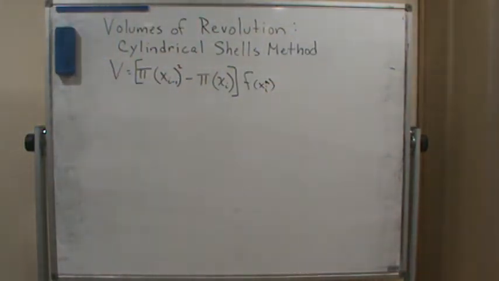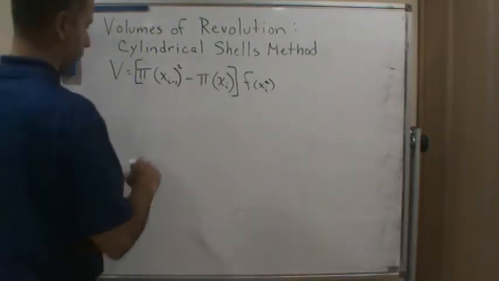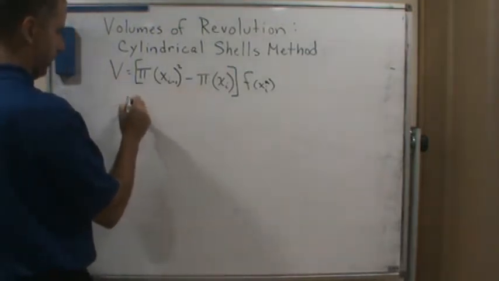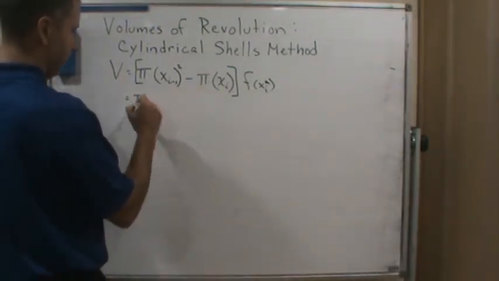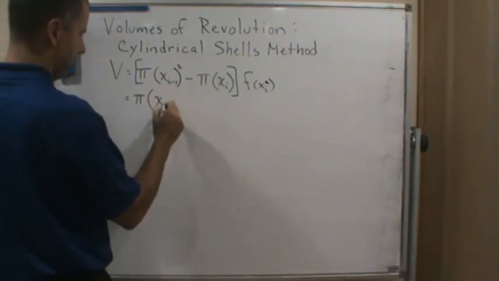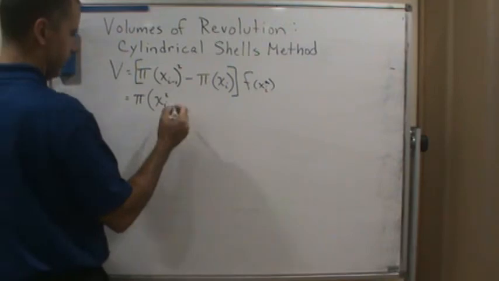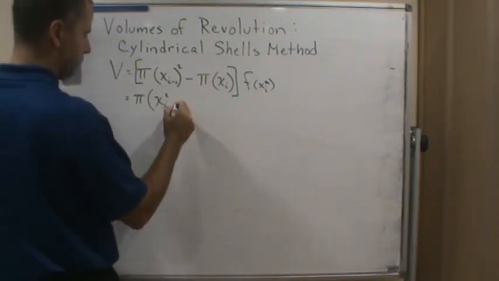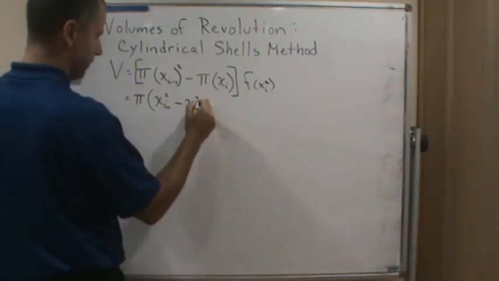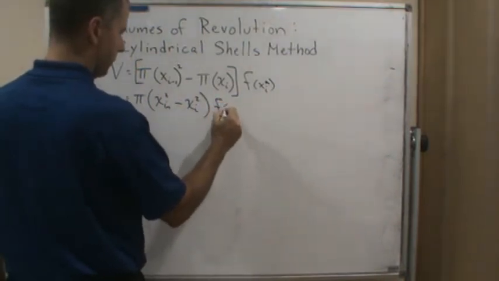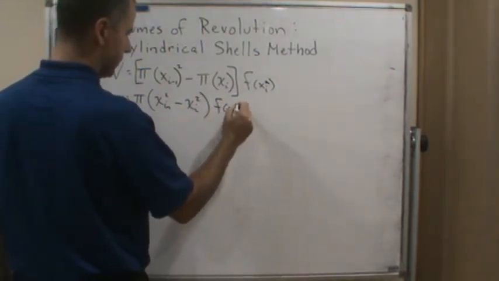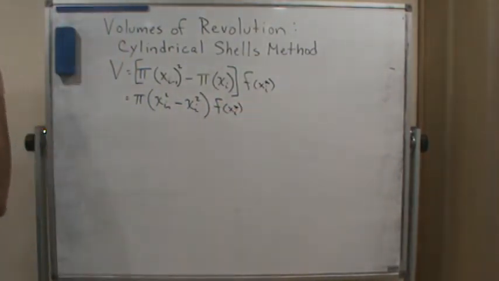Now, let's pull the pi out, and so we get x of i minus 1 squared minus x of i squared times f of x of i star, our sample point.